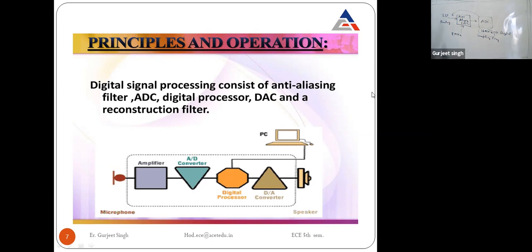If your input signal is more than 8 megahertz, suppose I give a 9 megahertz signal. The sampling frequency required for this 9 megahertz is 2fm. Basically we have the formula: sampling frequency fs is equal to 2fm, where fm is the frequency of the input signal.